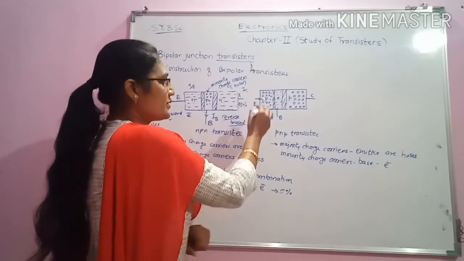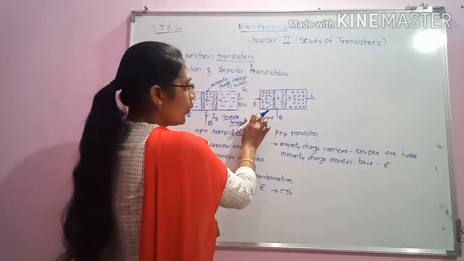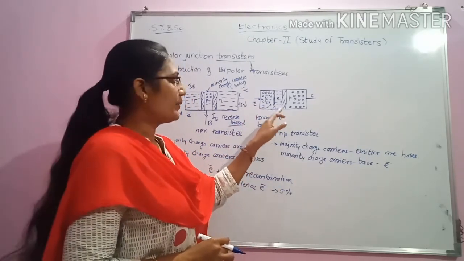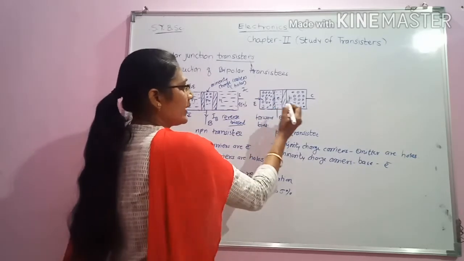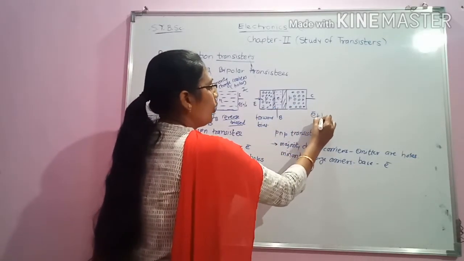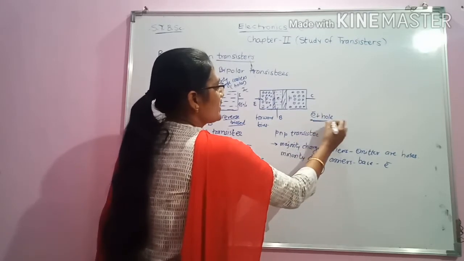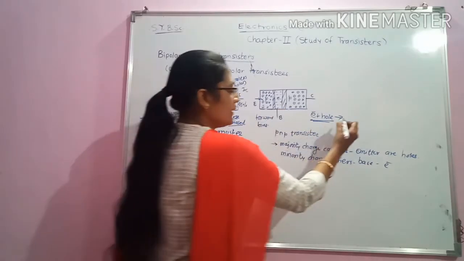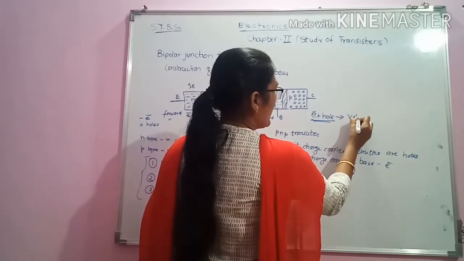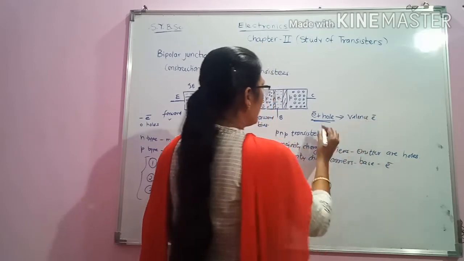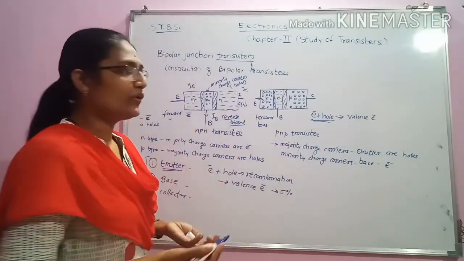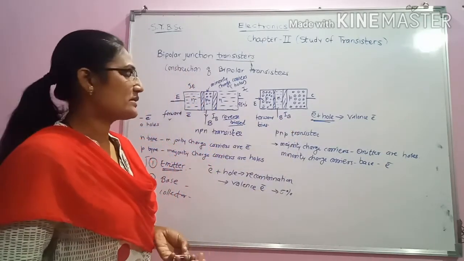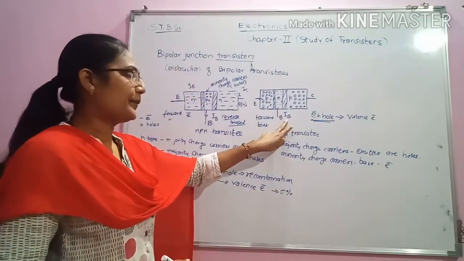These holes will try to migrate towards the base, and because of that the electron hole recombination process again takes place inside the base region, and because of that there will be the creation of valence electrons, and those valence electrons again will give rise to a current which is called leakage current or base current, and that is nothing but IB.